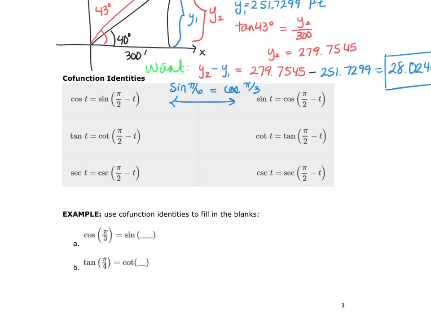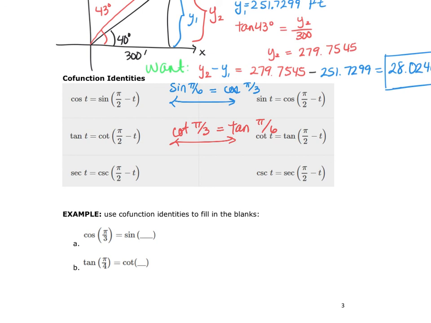Similarly, if I want to find the cotangent of pi over 3, this is going to give me the same value as the tangent of pi over 6, or 60 and 30 if you prefer.